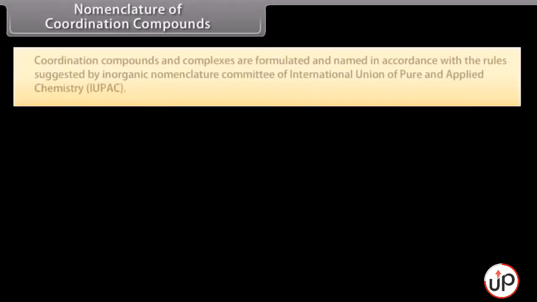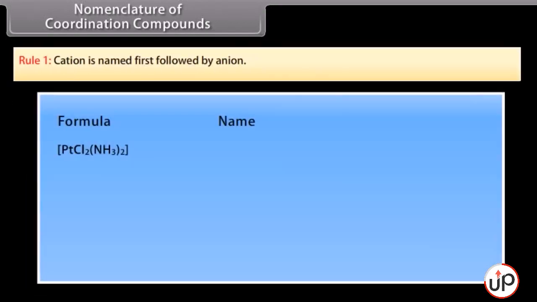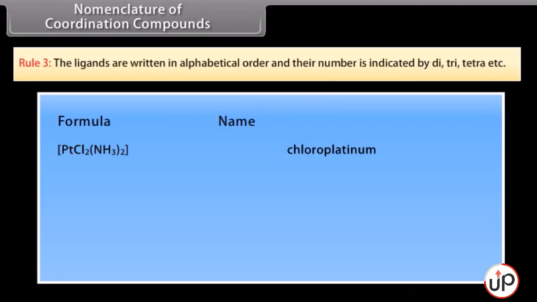Nomenclature of coordination compounds. Coordination compounds and complexes are formulated and named in accordance with the rules suggested by the Inorganic Nomenclature Committee of the International Union of Pure and Applied Chemistry. Rule 1. Cation is named first, followed by anion. Rule 2. Species present in coordination sphere are written in one word. Rule 3.